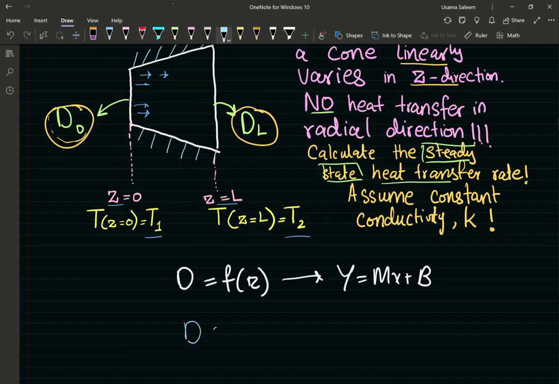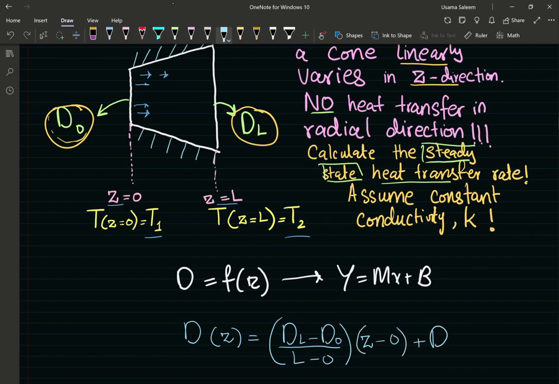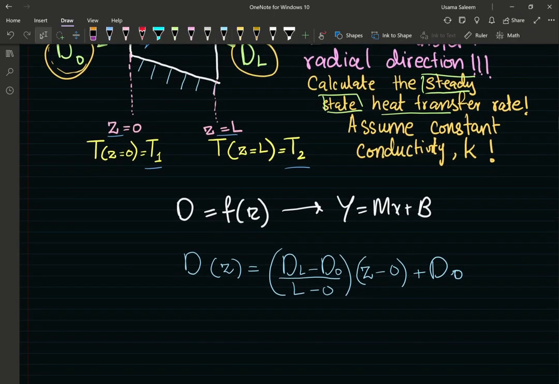The diameter at z is gonna be equal to the difference in the diameter, d sub L minus d sub 0, over L minus 0, that's the slope, times z minus 0, plus d sub 0. And that's the result I get.